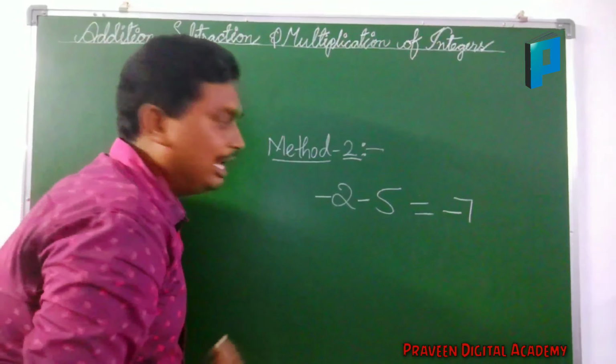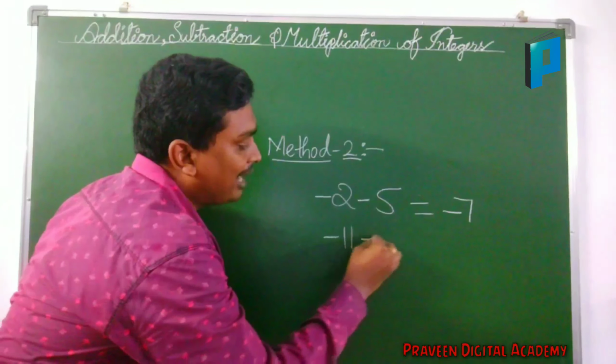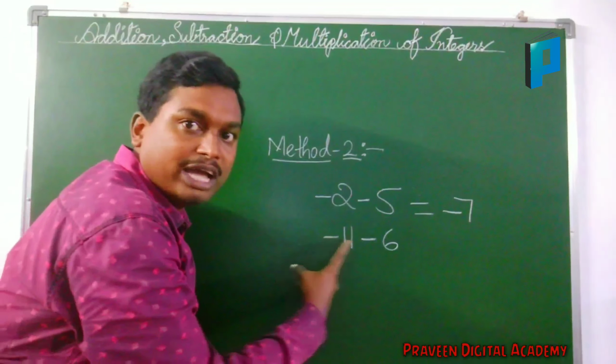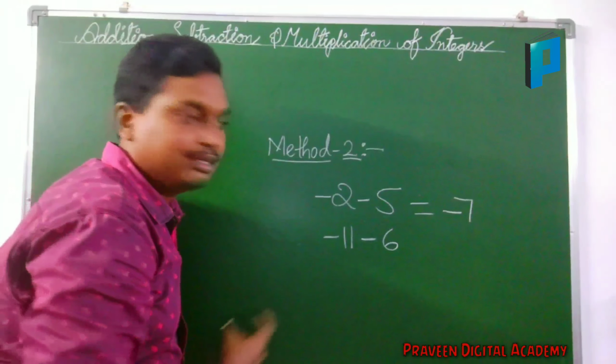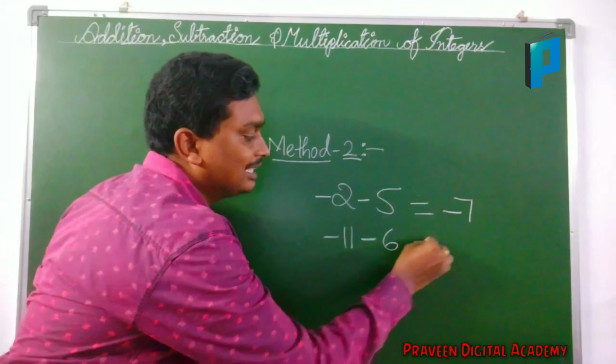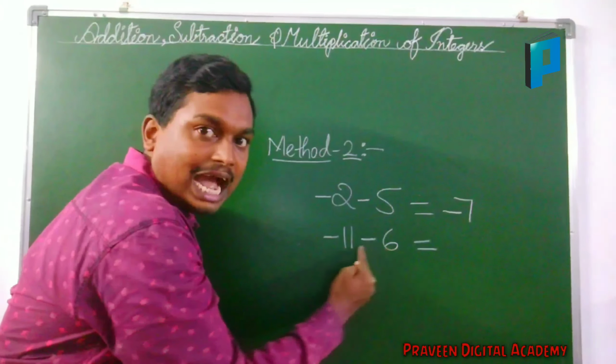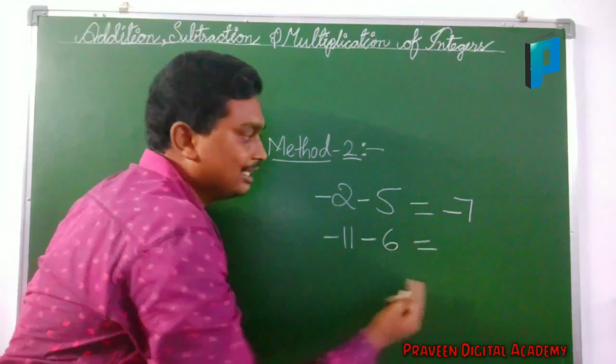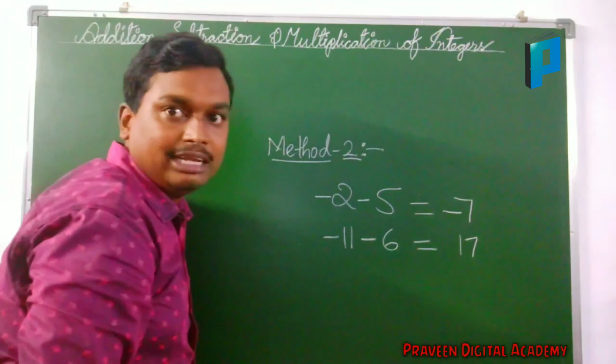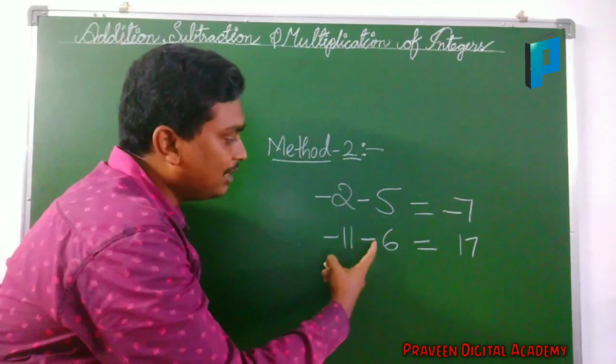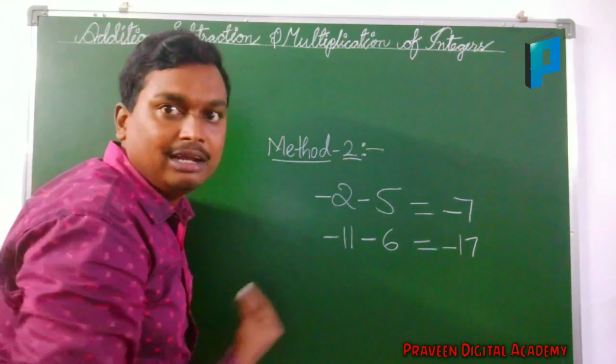One more example let me give here. If you are having minus 11 minus 6, here we are having both negative numbers. Add the numbers. 11 plus 6 is 17. Here 17, which sign? Both minus are there, just keep it minus.